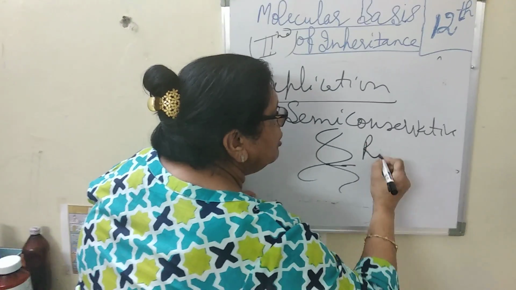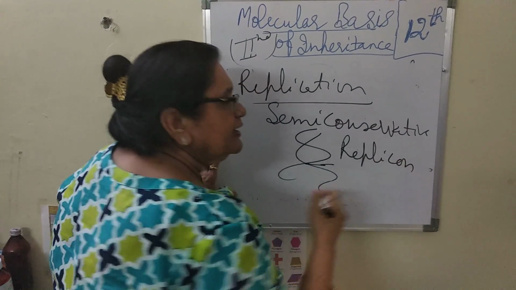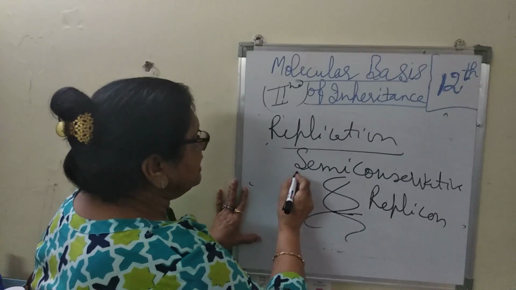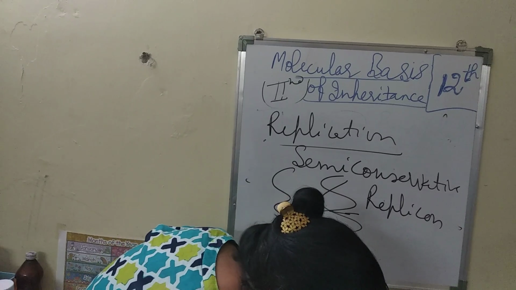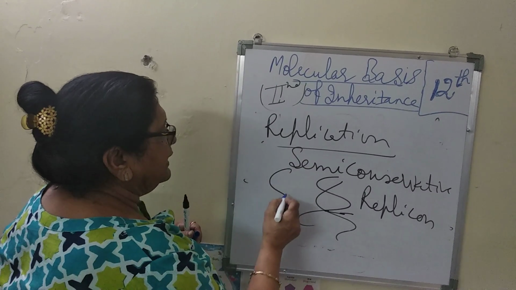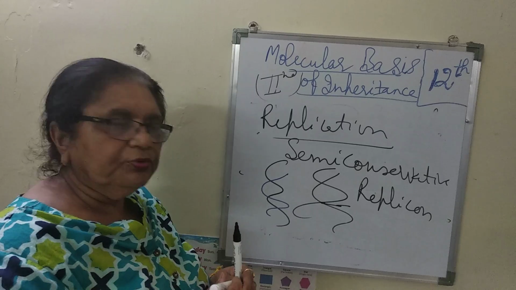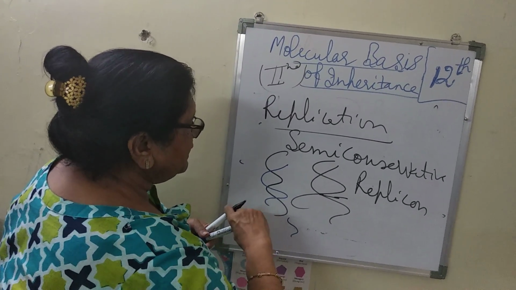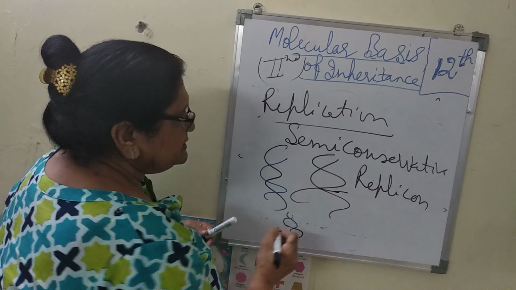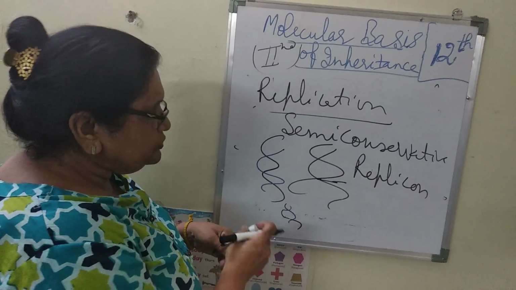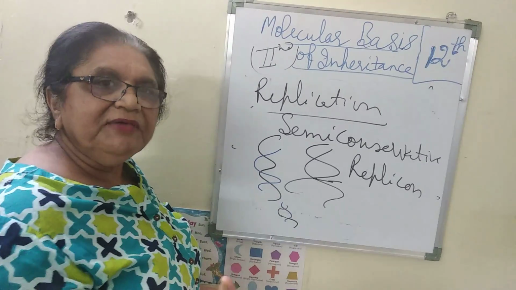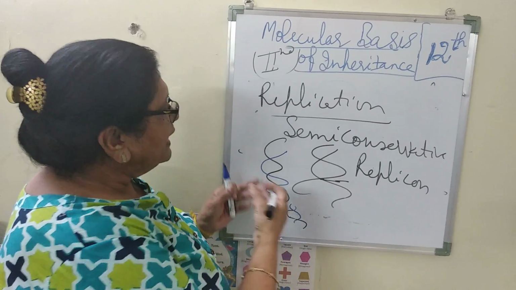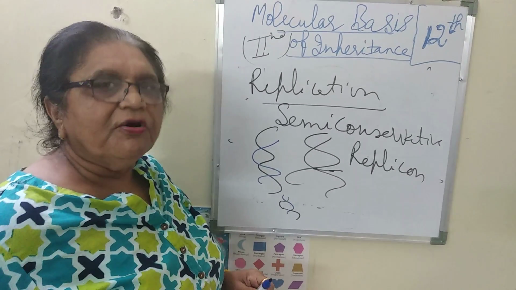Where it replicates, it divides. When it divides, one strand remains parental and the second strand forms new. It divides like this: one is totally parental, the second is new. The same, divided into 2. So this nature is semi-conservative. That means it divides, but one strand remains parental and the second strand is newly formed.